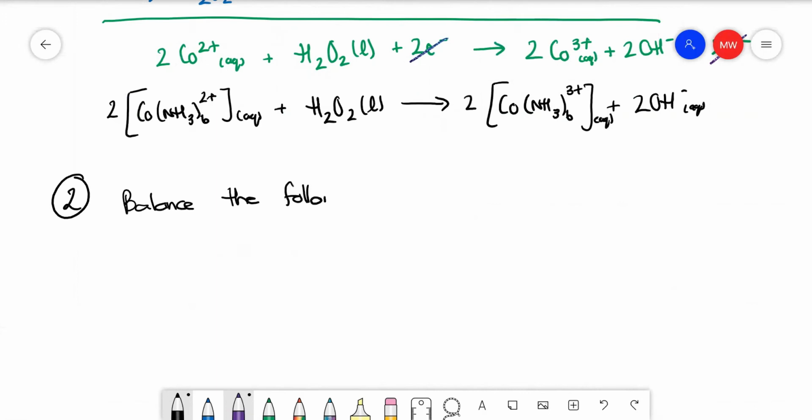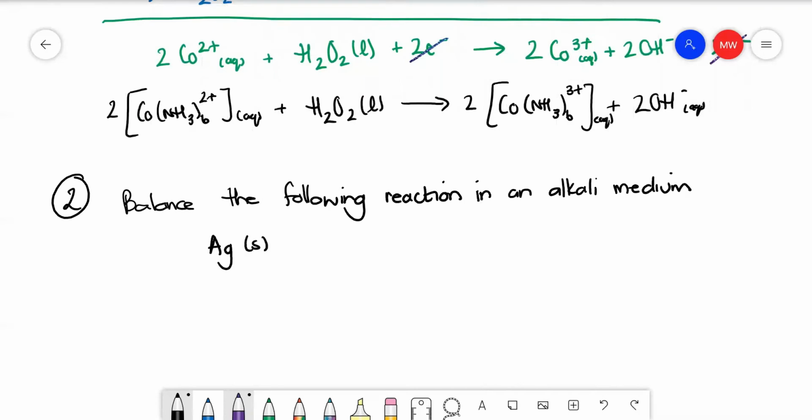in a basic solution. So the next example is: balance the following reaction in an alkali medium, and we are given silver as a solid plus zinc in its aqueous form, 2+, will become silver oxide plus zinc in its solid form.